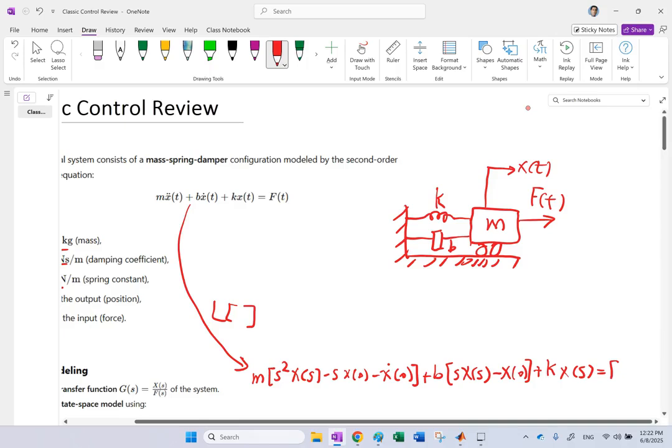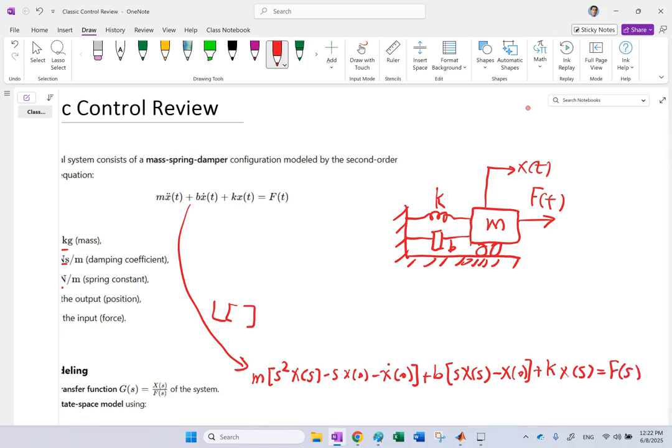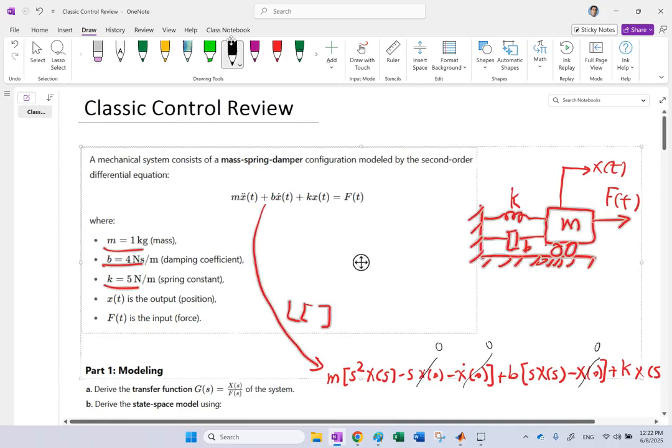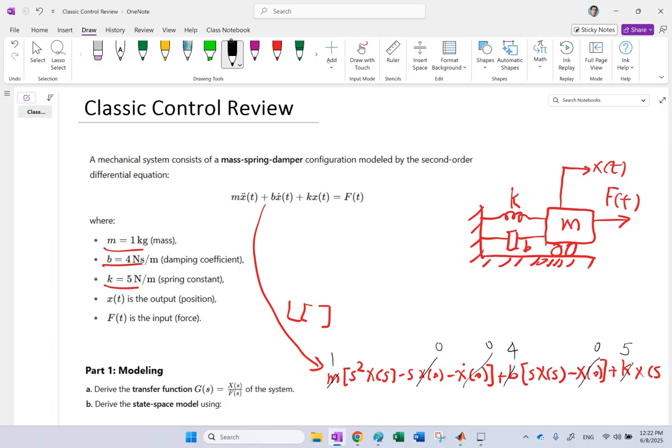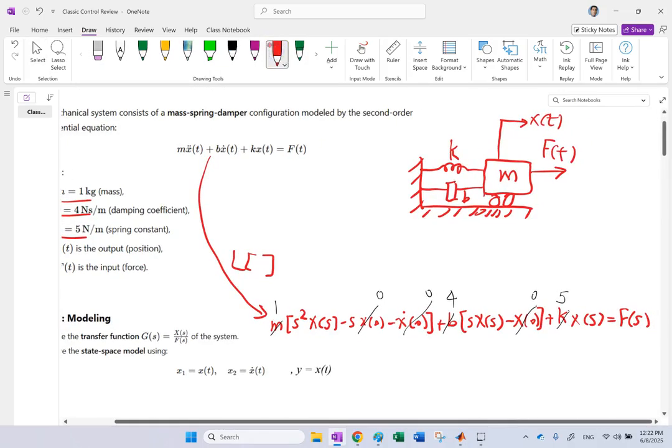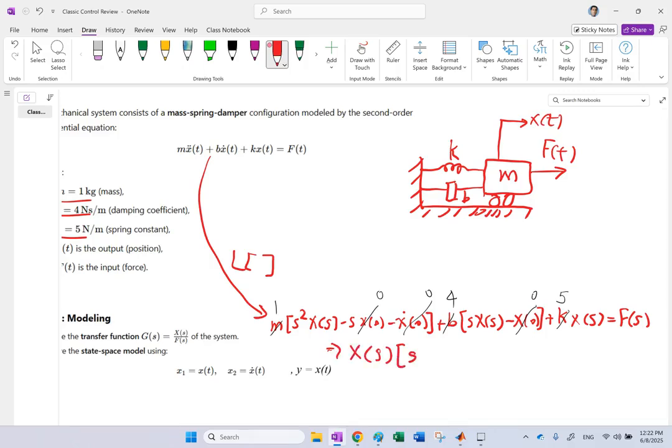equals F of s. Now, when we find a transfer function, we should assume all initial conditions are 0. So we are going to get 0 for all of this, and then I can plug in the numbers: this is 1, this is 4, and this is 5. If you do so and factor out X of s, on the left side you have X of s times s squared plus 4s plus 5, and on the right hand side, you simply have F of s.